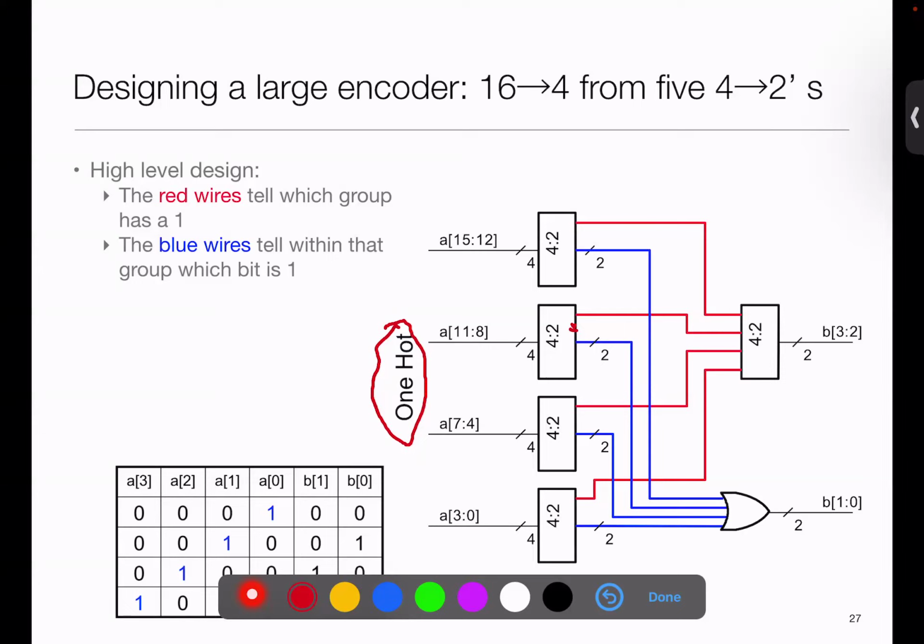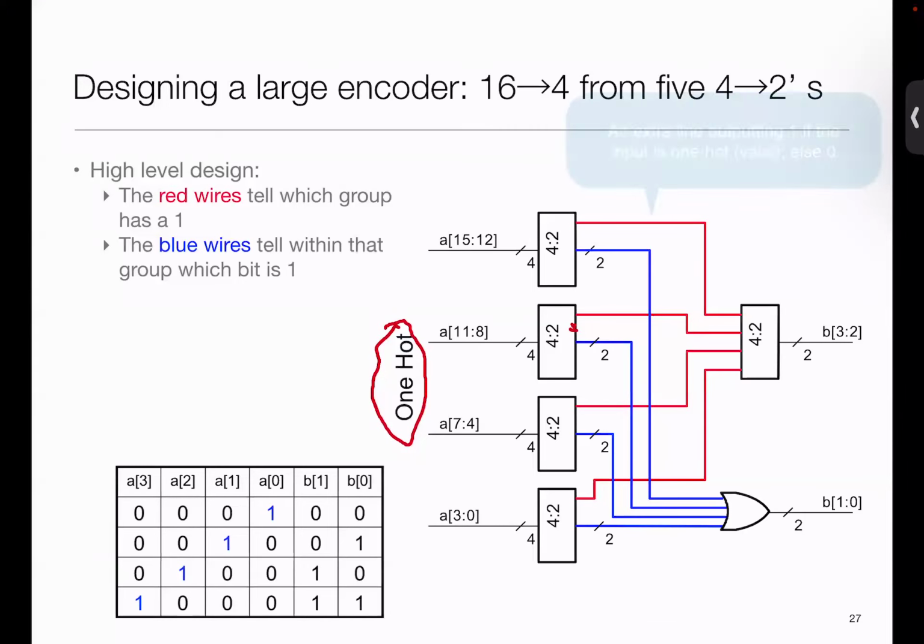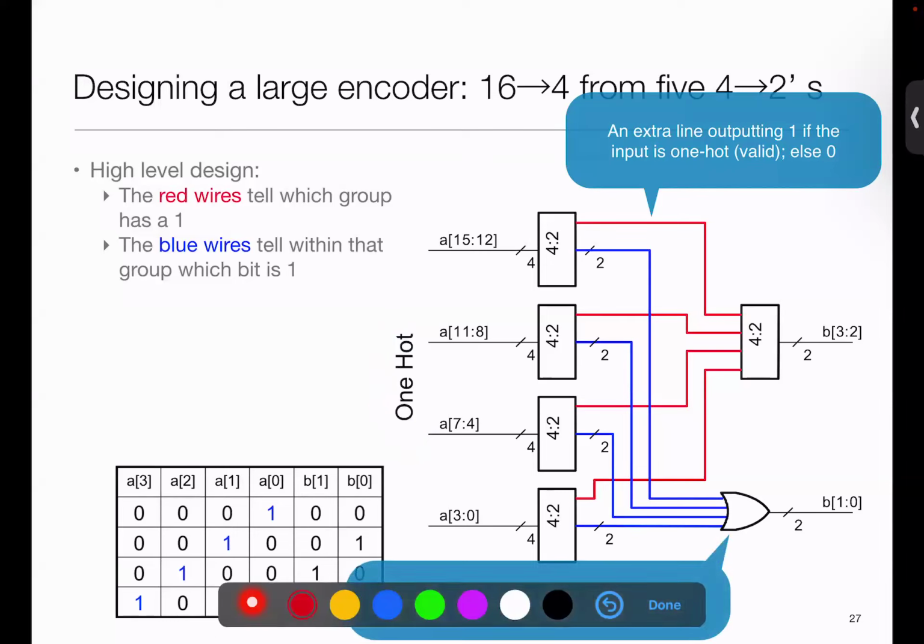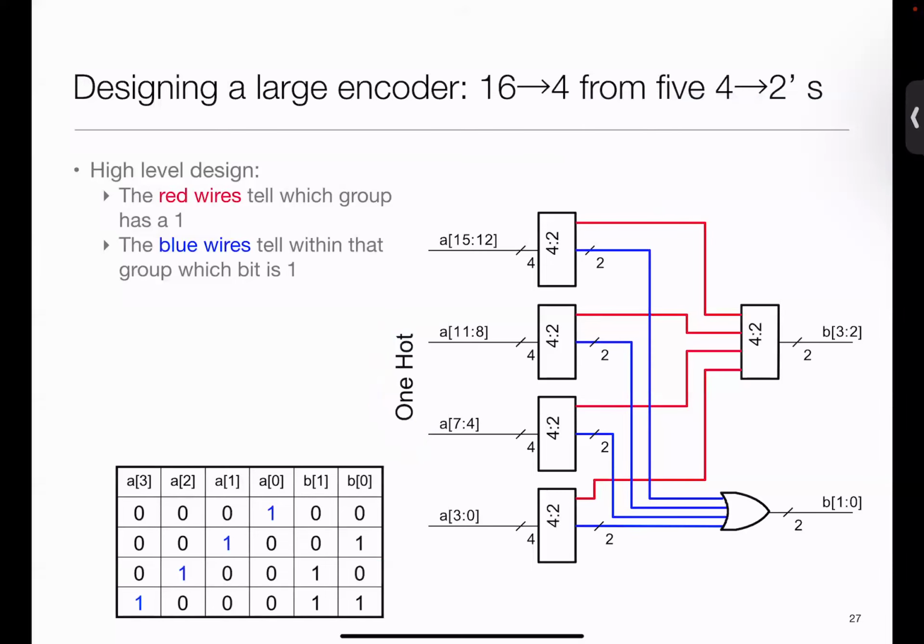And what is blue line telling us within each group? It's telling us which of the 4 bits in that group is high, right? So if red line is 0, which means that group should not matter. And if red line is 1, then we care about that group.